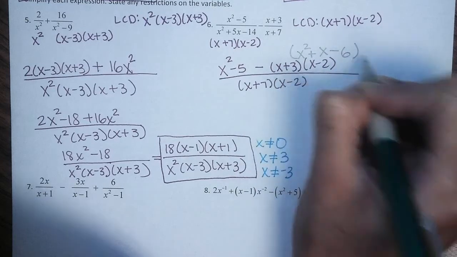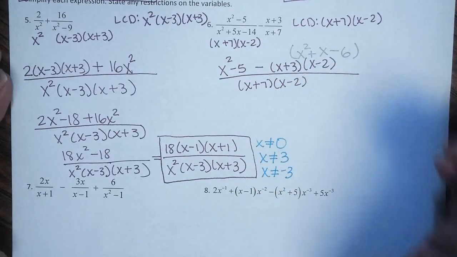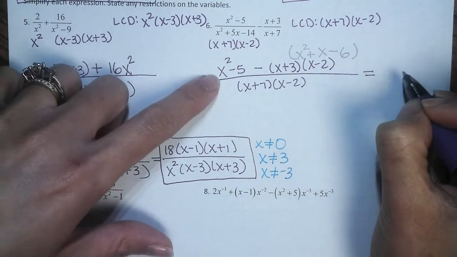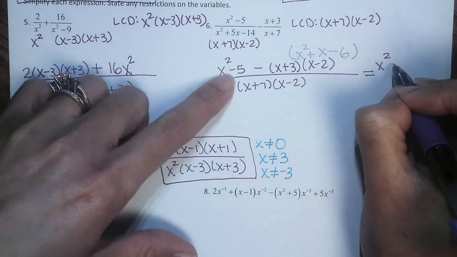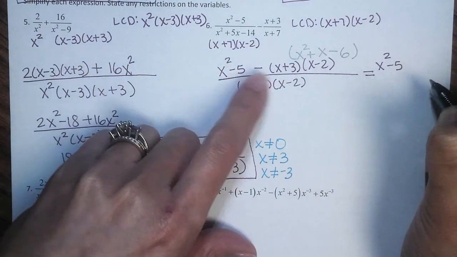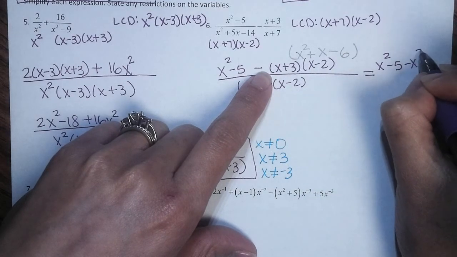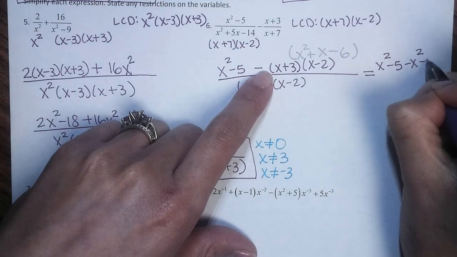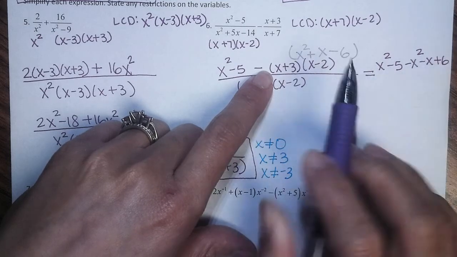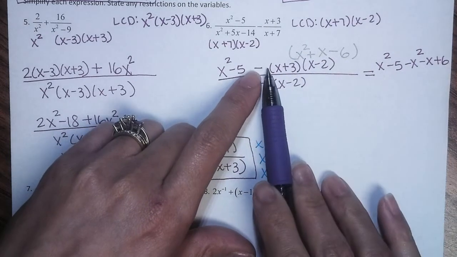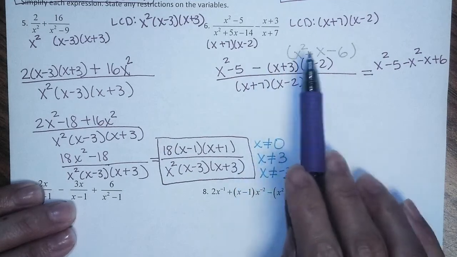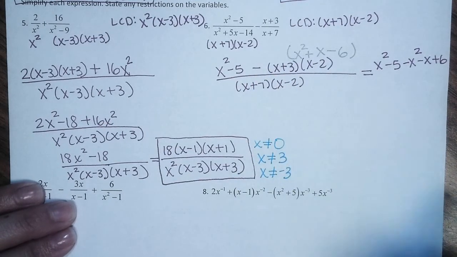And that's being subtracted. So now I can simplify the numerator as x squared minus 5, and then minus this that I just did. Minus x squared minus x plus 6. Don't forget to change the signs on all of these because you're doing a subtraction. Minus x squared minus x minus negative 6.